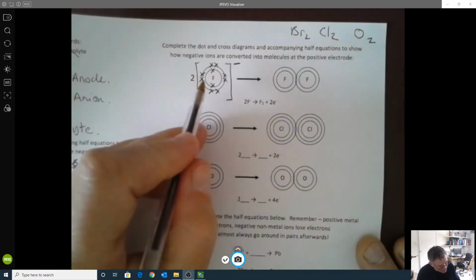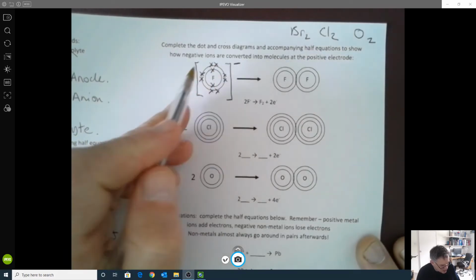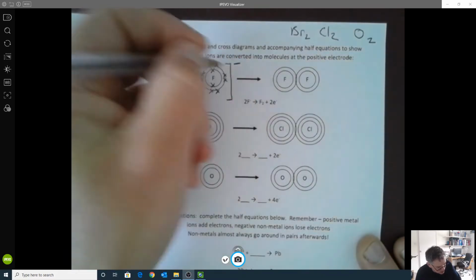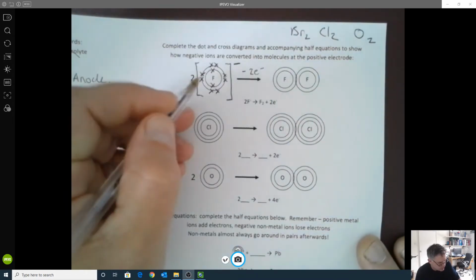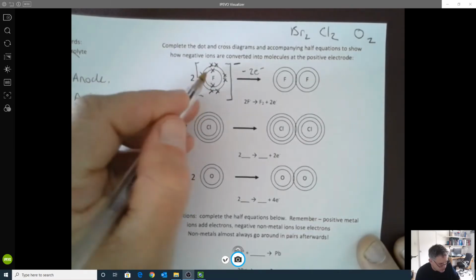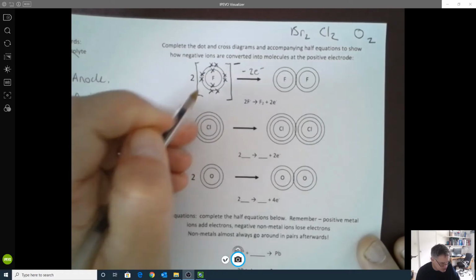Now what happens is that my fluoride ion loses an electron, so it's minus 2 electrons because I've got 2 of them, to become the fluorine with 7 electrons in its outer shell.